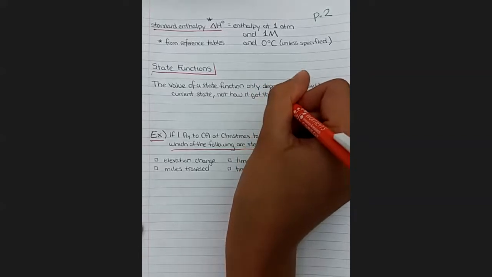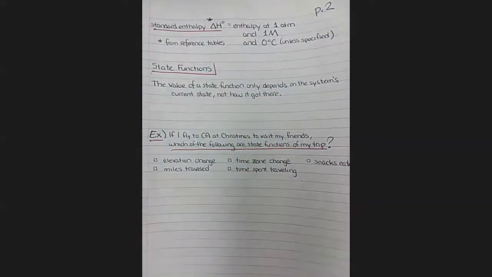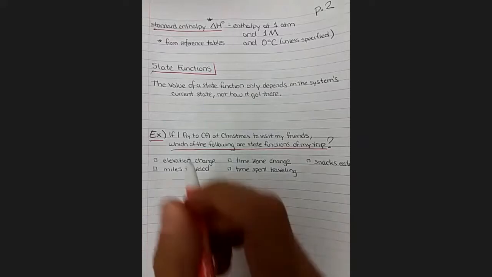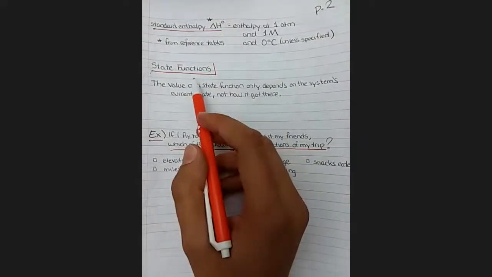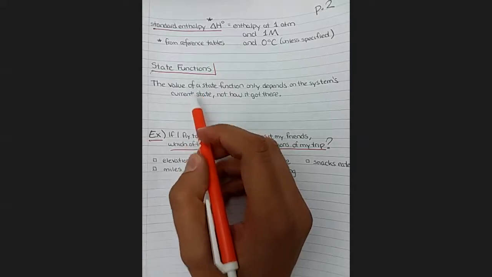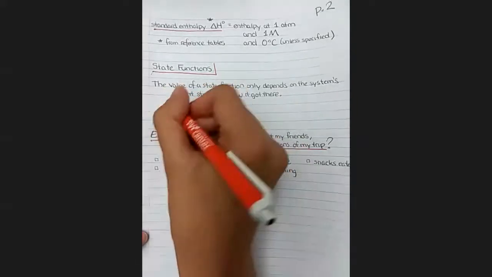So if you've heard the motivational phrase about how it's not about the destination, it's about the journey. Well, in the case of a state function, it literally is only about the destination. It is not whatsoever about the journey.